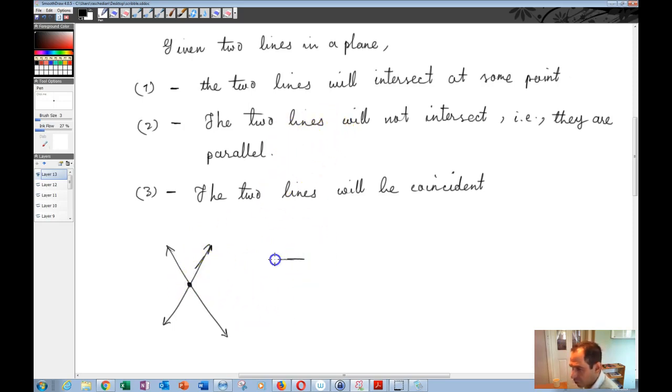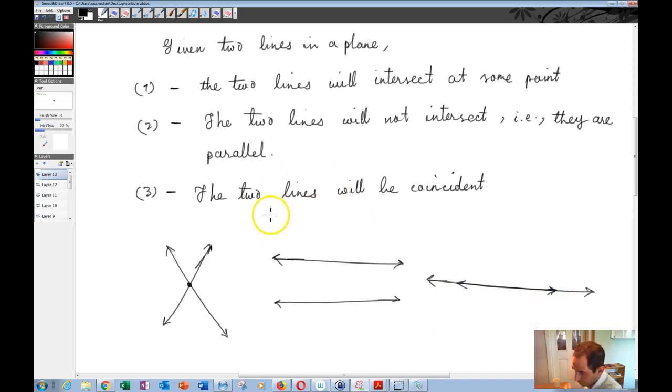If the two lines are parallel, you have two lines over here that never meet, and that's what happens in case number 2. In case number 3, the two lines coincide, meaning that you have this line over here, and the other line is the exact same thing.